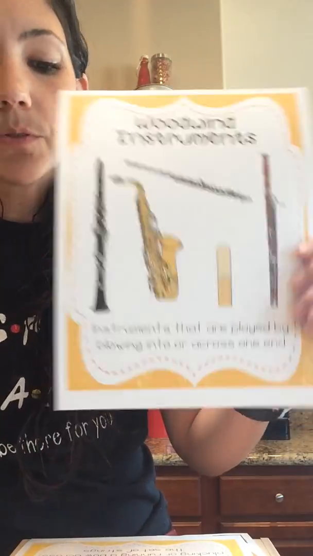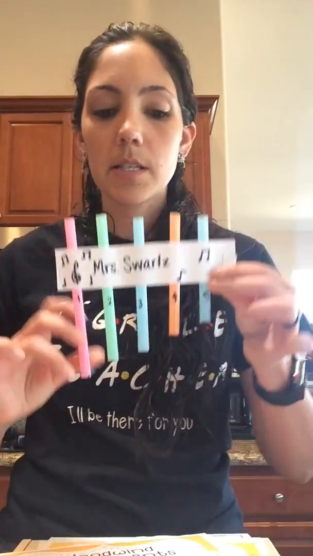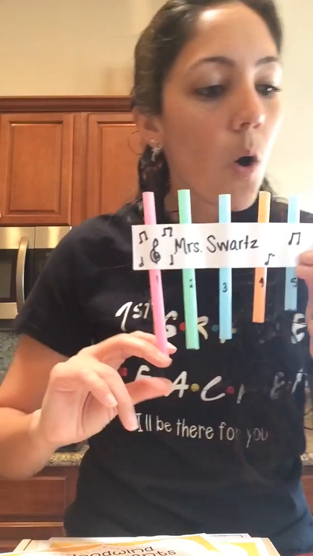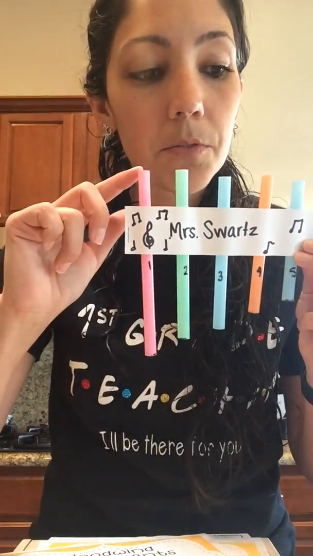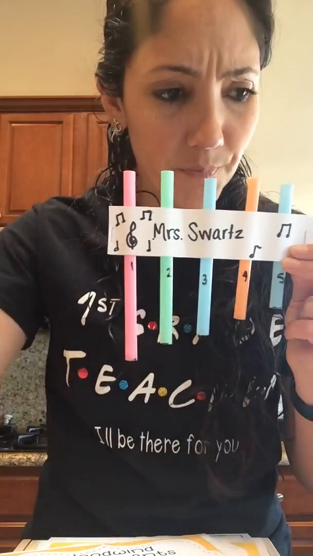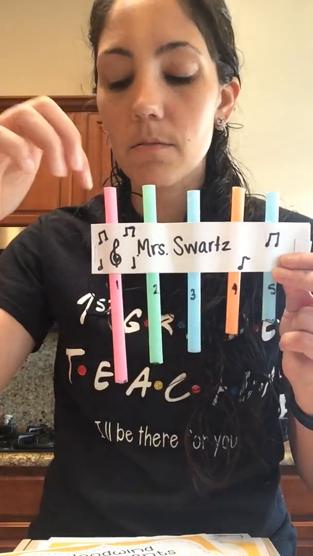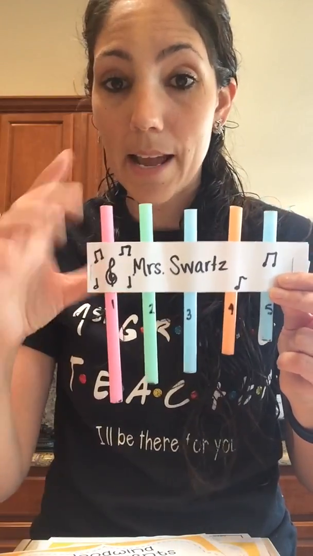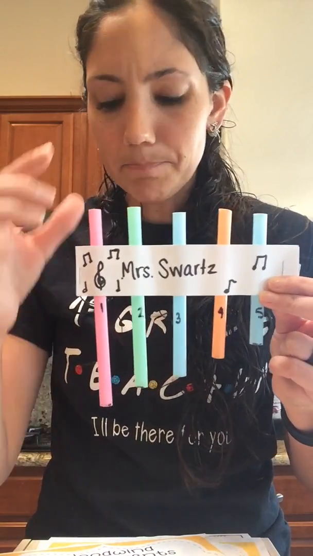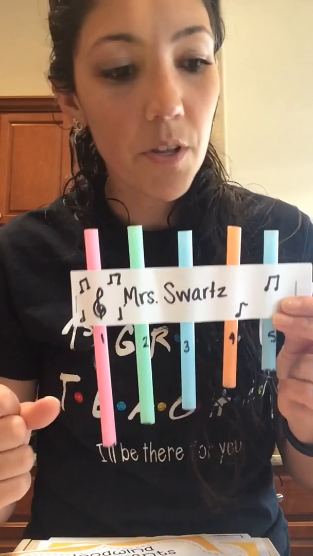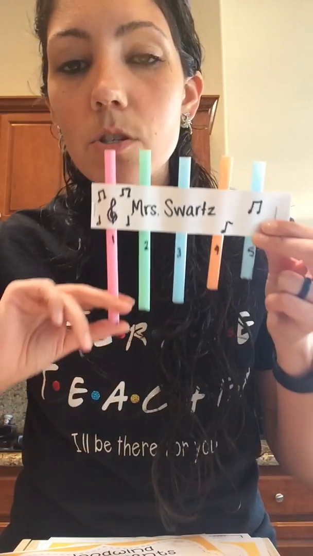Our pan flute is an example of a woodwind instrument. When you blow air over the pan flute, the air goes in, vibrates, and makes the sound. The more space you have, the slower the vibration and the lower the pitch.